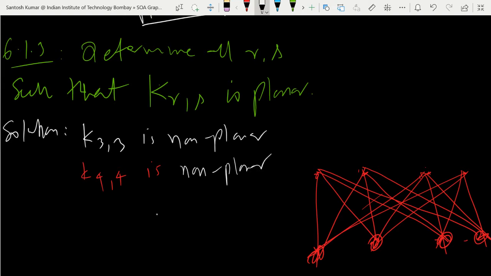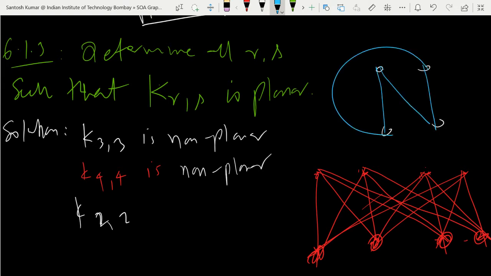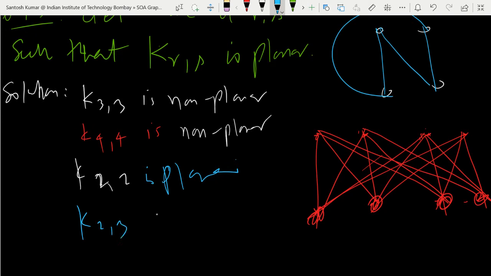So what about K22? Two vertices and two vertices. Can you draw this K22 without crossing edges? Yes, sir. So it is a planar graph, okay? Now we have to determine what about K23.